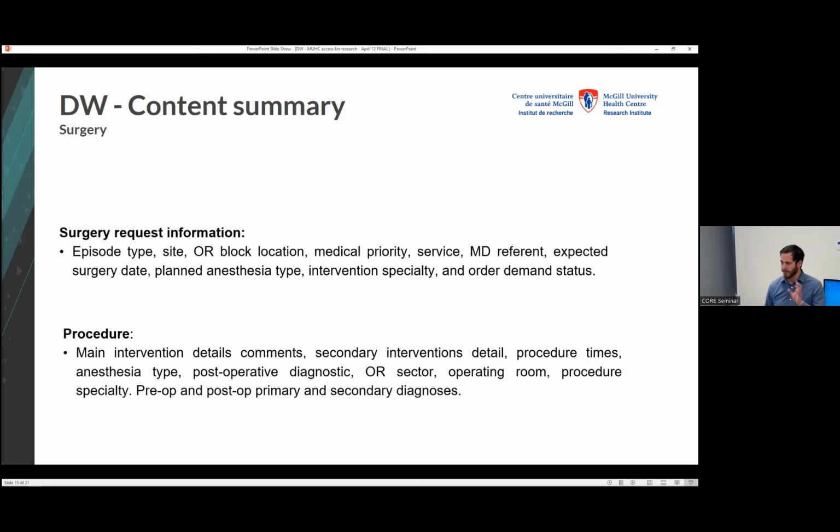And we have information on the procedure itself: main intervention details, comments, secondary intervention details, procedure time, anesthesia type, post-operative diagnosis, and the sector and the operation room, the procedure specialty, pre-op and post-operative primary and secondary diagnosis, like all the information related to the surgery.